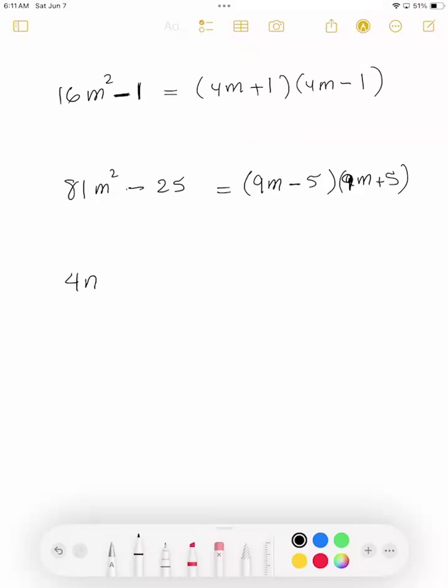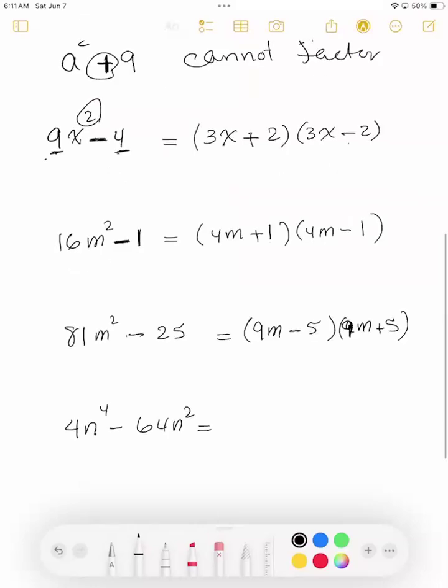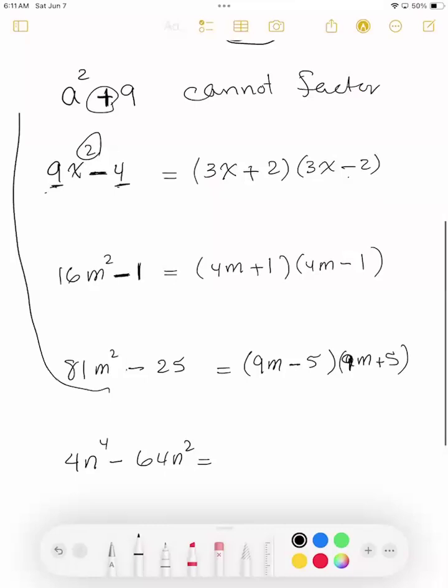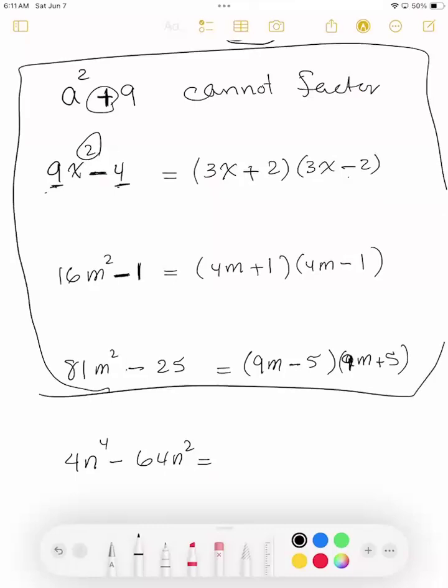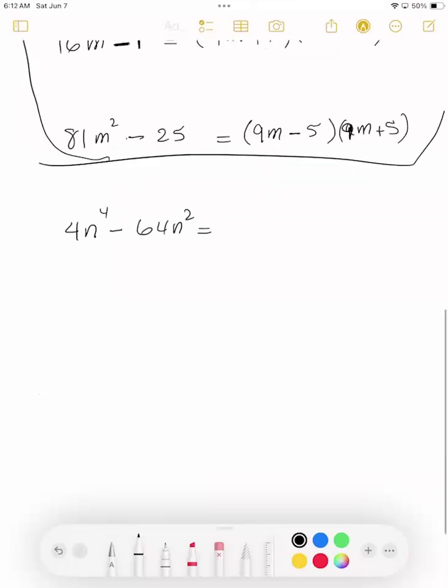We have 4n to the power 4 minus 64n to the power 2. For this problem, you're going to look for the greatest common factor first. You should always look for the greatest common factor. I didn't look for the greatest common factor for any of these because they didn't have one. But this problem does.